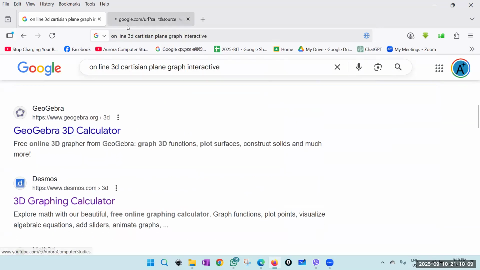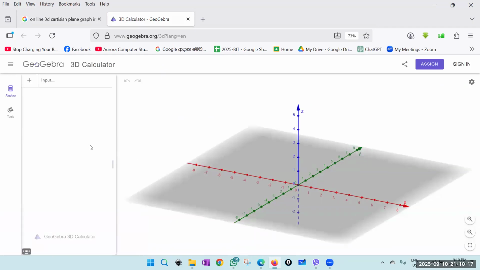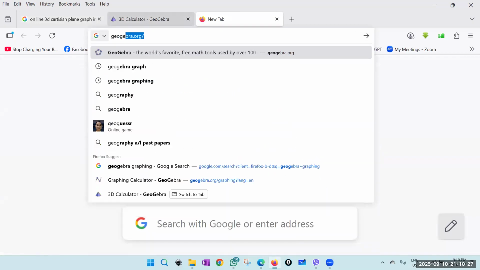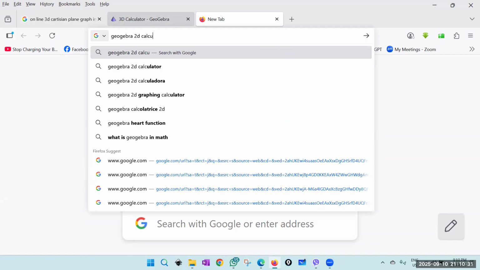Yeah, 3D calculator, let's see. Yes, right. So remember we just used the 2D calculator in semester 1 and GeoGebra. 2D calculator.